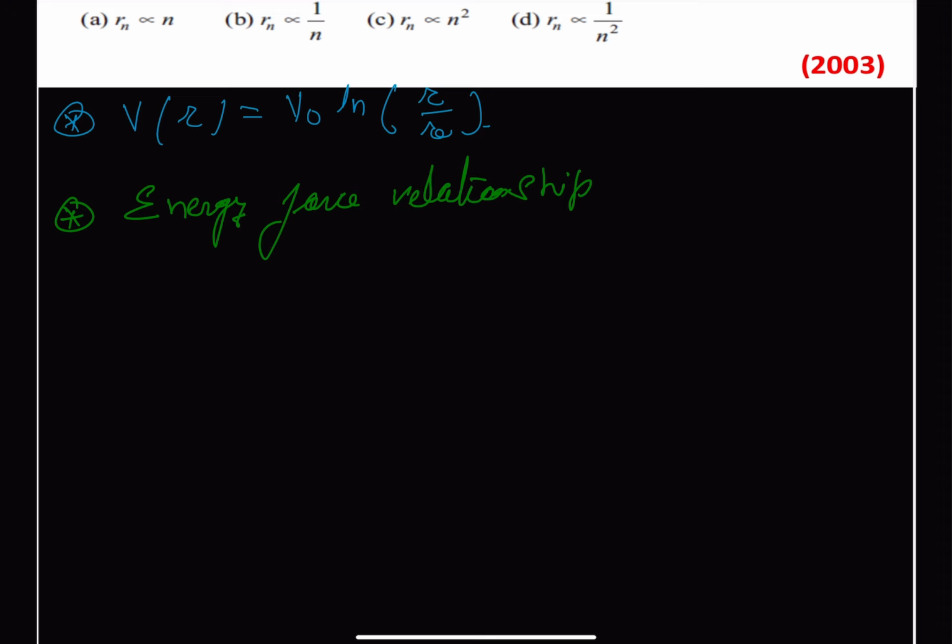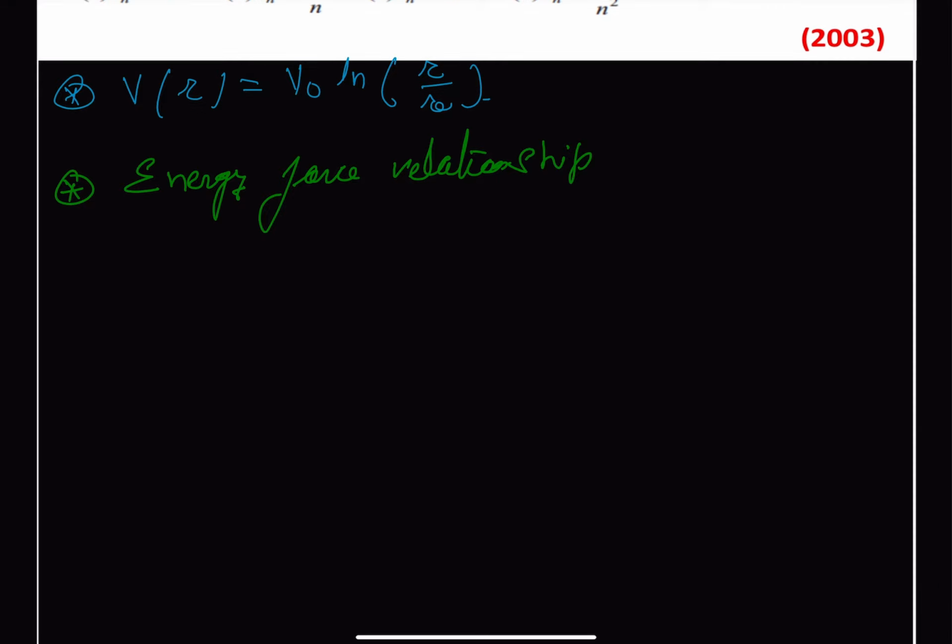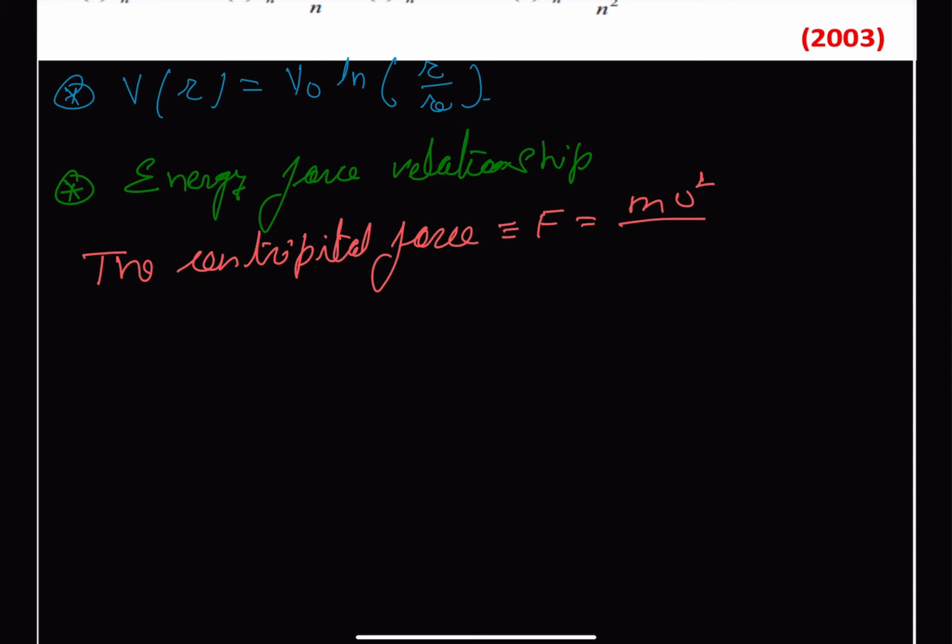In Bohr model, the force is providing our centripetal force, so if that is our F, then this F will be equal to mv square upon R. And we also know the relationship between the force and the potential.